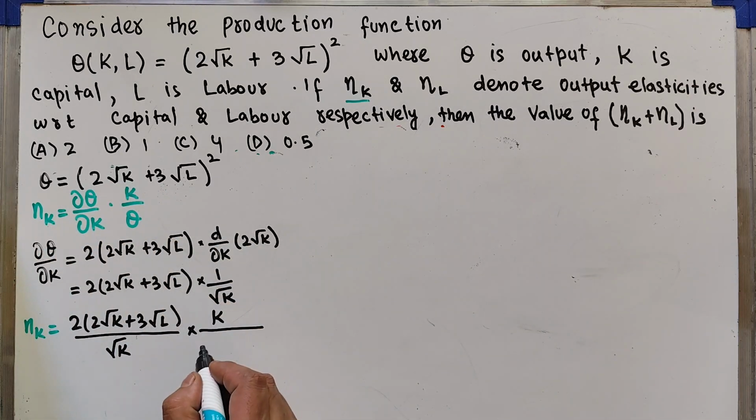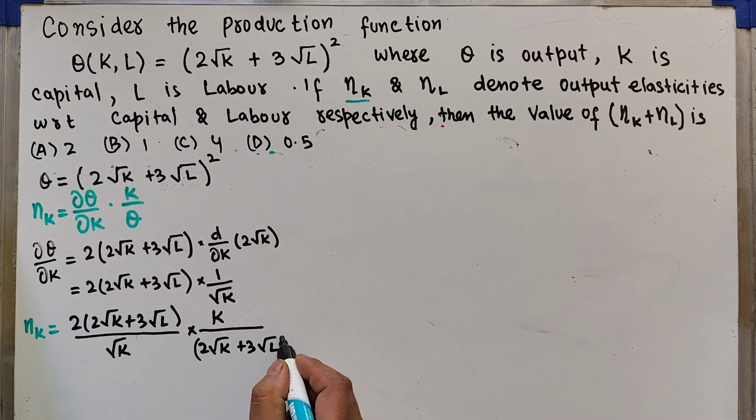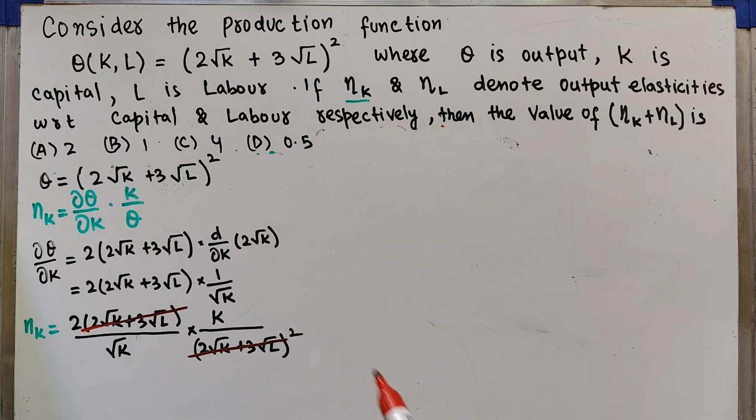Q is this function (2√K + 3√L) whole square. Now here this and this will get cancelled. Here we have square, here we have only 1 as the exponent.